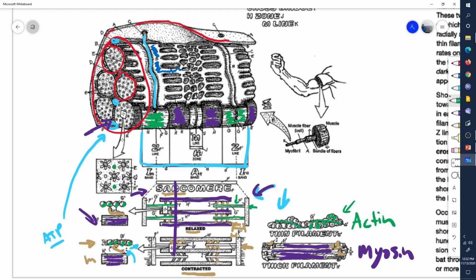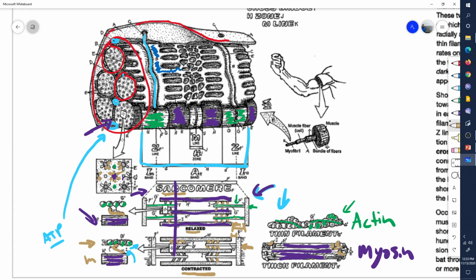And in this cross-sectional view you could see the myosin fibers, which are thicker. And what would you guess these are right here? Correct. Cross bridges. Can you see how these cross bridges will reach out to this filament of actin right here, grab it and pull on it to cause muscle contraction?